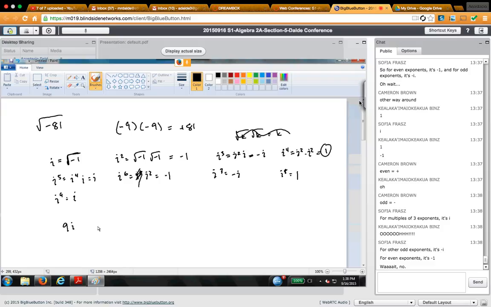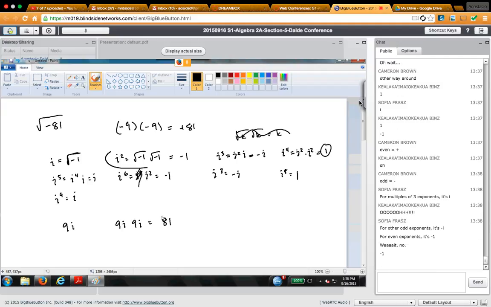Because if I square this, 9i squared, so 9i times 9i, is equal to, what's 9 times 9? 81. And what's i times i, as in i squared? Negative 1. So what's negative 1 times 81?